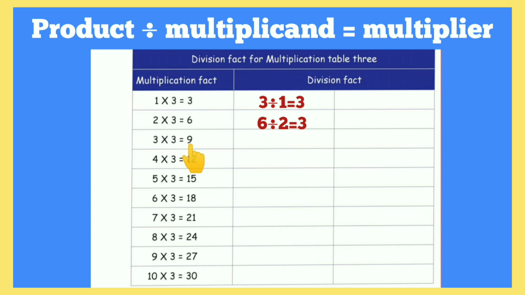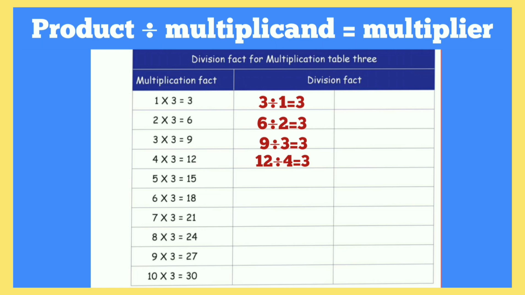Next, the product is 9, multiplicand 3, multiplier 3. So, the division fact is 9 divided by 3 equal to 3. Next, the product is 12, multiplicand 4, multiplier 3. So, the division fact is 12 divided by 4 equal to 3.